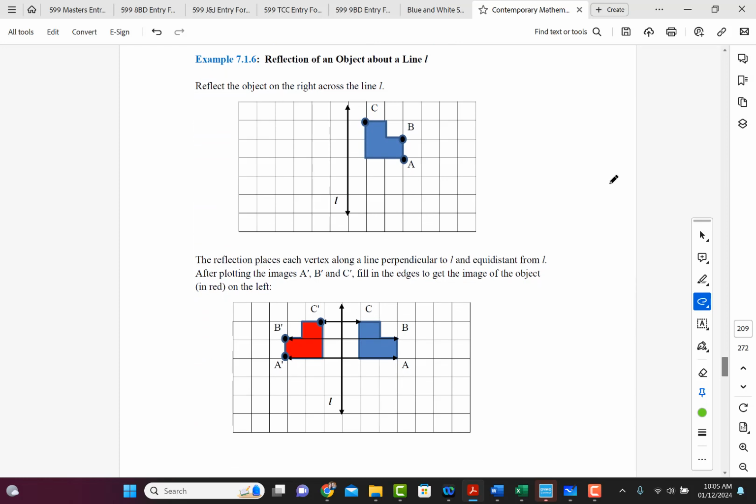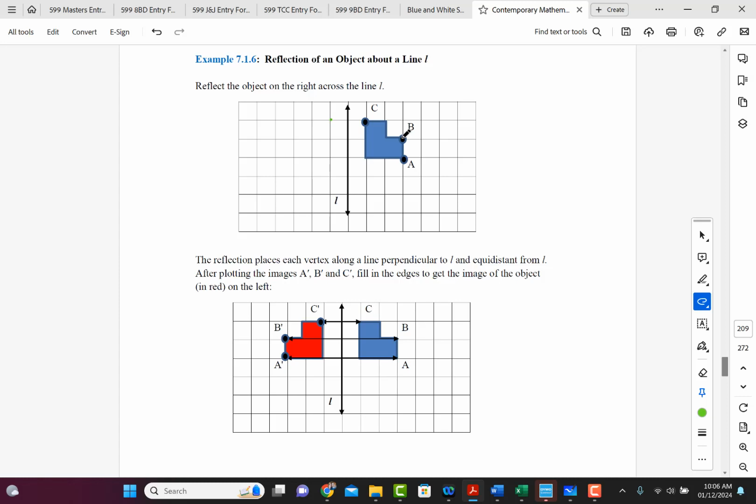So in this example, we have the blue object, right? And L, so here's L. So we're going to reflect all of these points to the other side. So the reflection across L means that C is going to go to C prime, which is right here. And then B is going to be reflected on the other side.